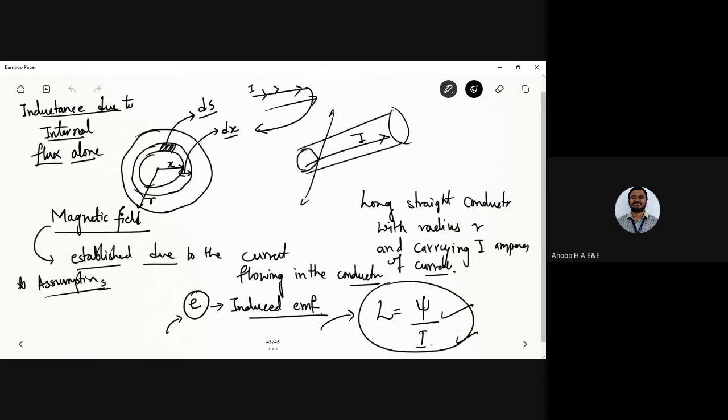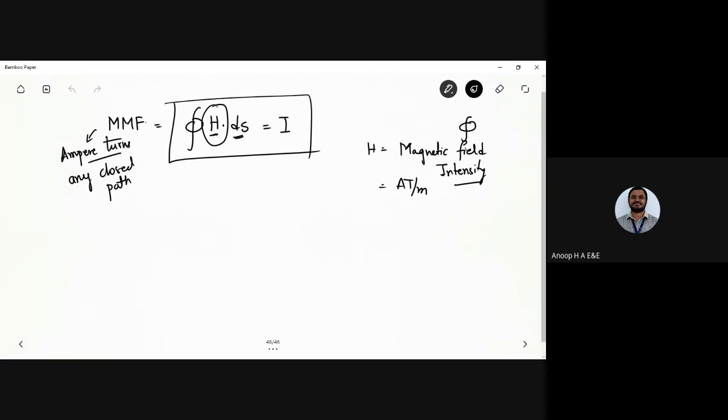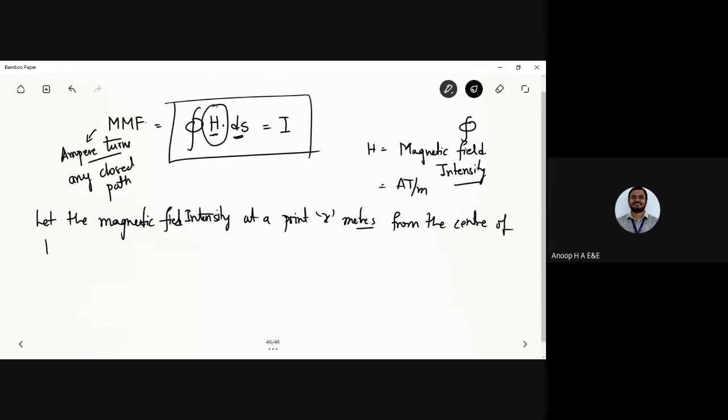What I have taken here is the point X. So let the magnetic field intensity at a point X meters from the center of the conductor be Hx, and this is a constant at all points as the field is symmetrical.